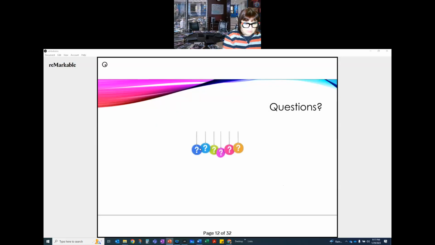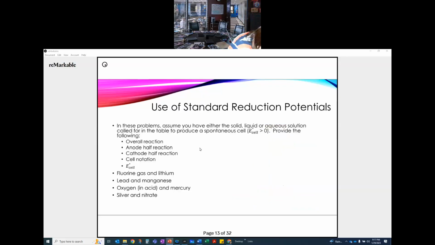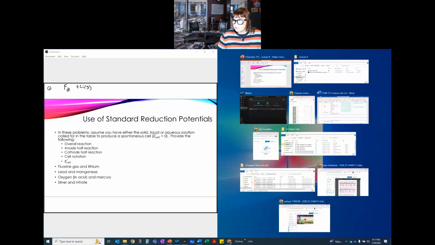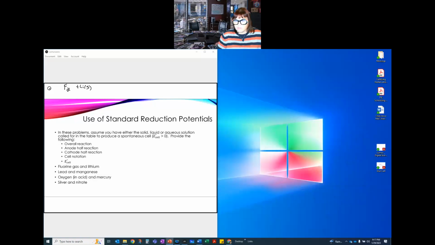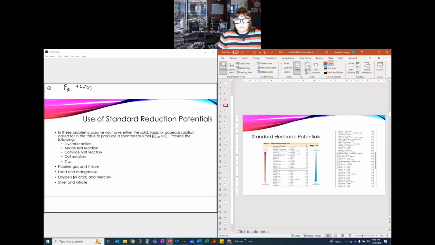Let's do this. So I want to talk about fluorine gas, which is F2, and Li. So those are the ones. I'm going to pull this over to the side so we can pull over our reduction potential table.